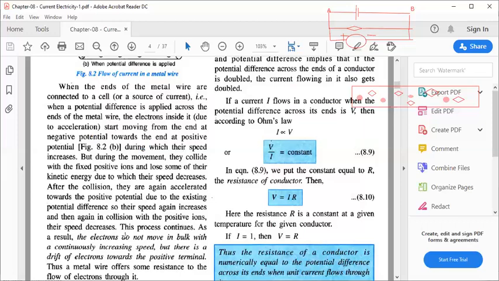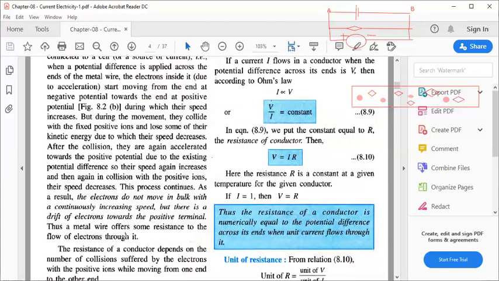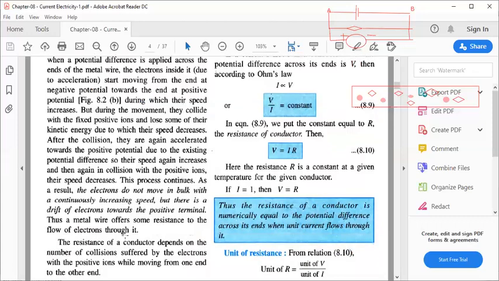As a result, the electrons do not move in bulk with a continuously increasing speed, but there is a drift of electrons towards the positive terminal. The electrons are flowing but not in bulk, because collisions are happening, and the metal is also offering some resistance.